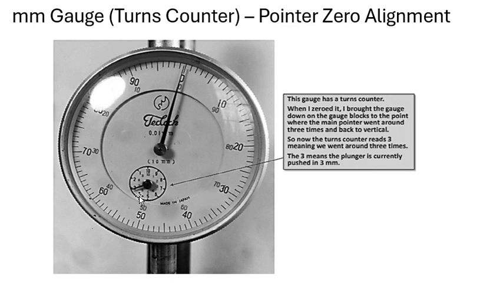Now look at this little pointer right here, it's showing a 3. It means that we went around 3 times, so the plunger is currently pushed in at 3 millimeter. You may have a little bit of difficulty with the technical term, but we say the plunger is pushing to 3 millimeter.